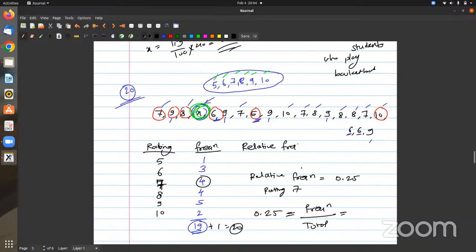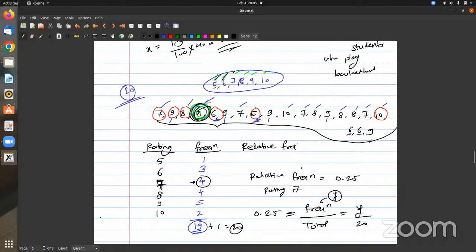The total should be 20. Let's say the frequency of 7 is y.